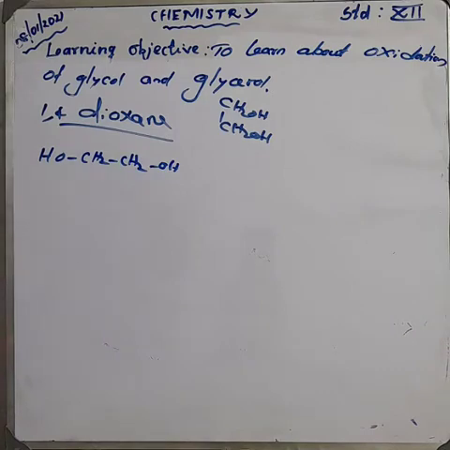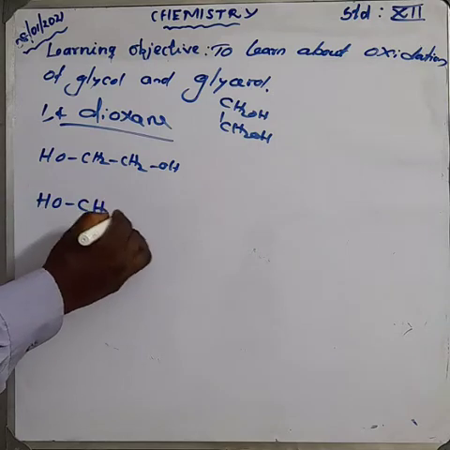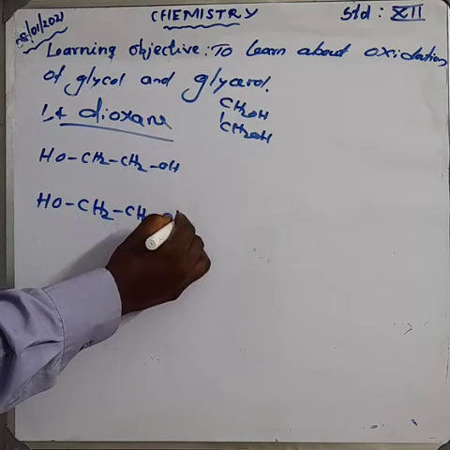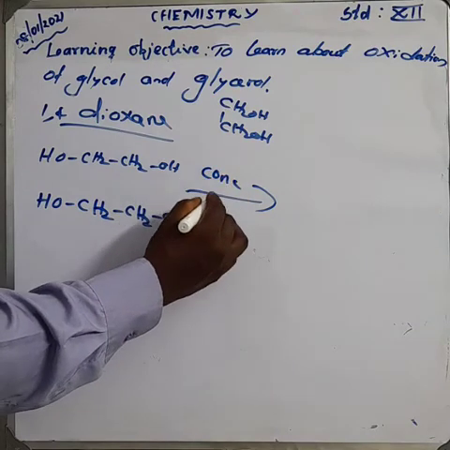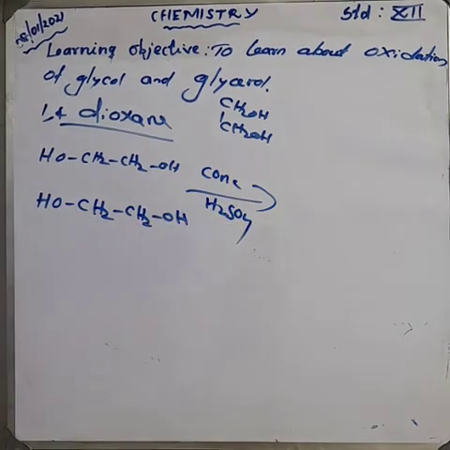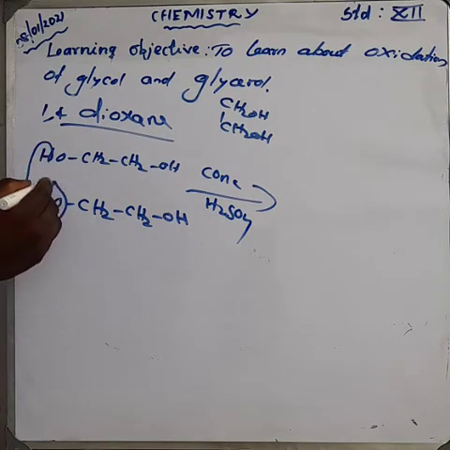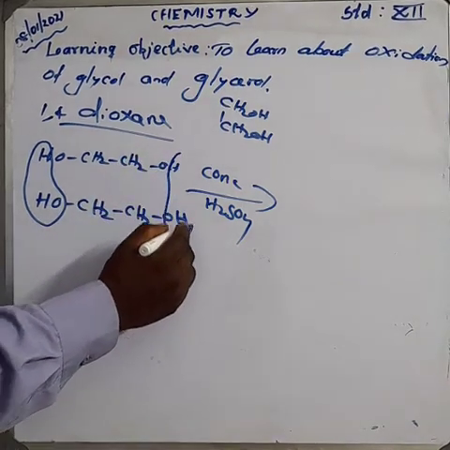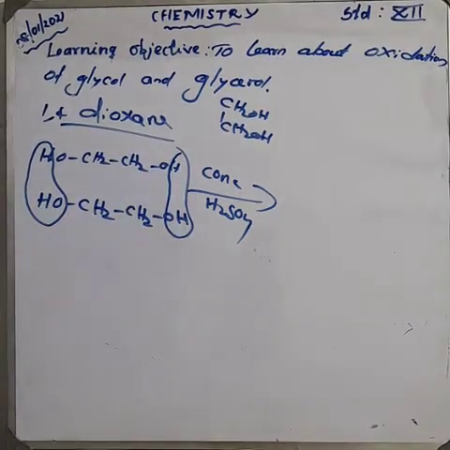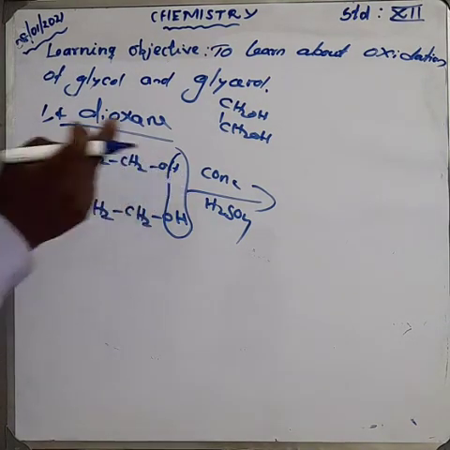I am taking one more mole of ethylene glycol, HO-CH2-CH2-OH, and reacting it with concentrated sulfuric acid. What is happening here? Hydrogen combines with OH to form water, twice.